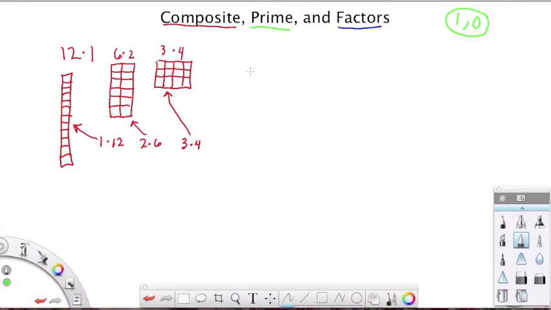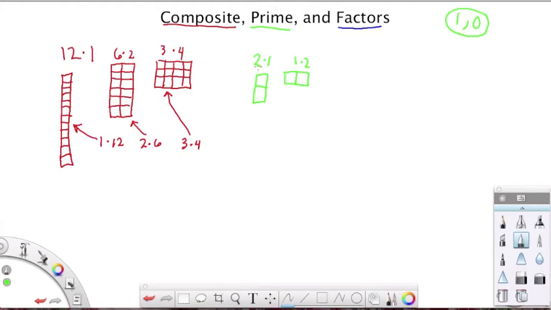Now let's take a look at some numbers that are prime. For example, 2. Now 2 can really only be represented this way. It's a 2 by 1 or 1 by 2 representation, which are really the same thing.